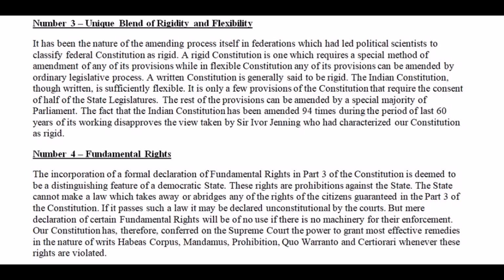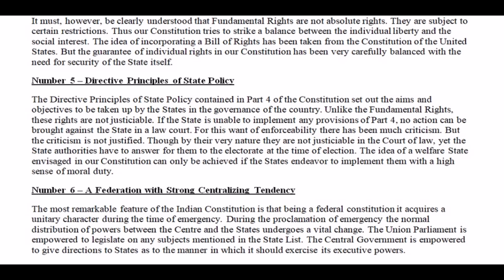But mere declaration of certain fundamental rights will be of no use if there is no machinery for their enforcement. Our Constitution has, therefore, conferred on the Supreme Court the power to grant most effective remedies in the nature of writs: habeas corpus, mandamus, prohibition, quo warranto and certiorari, whenever these rights are violated.